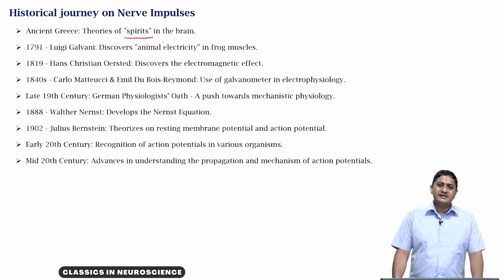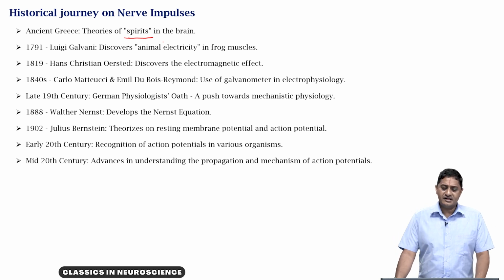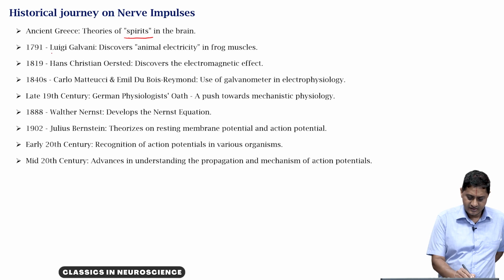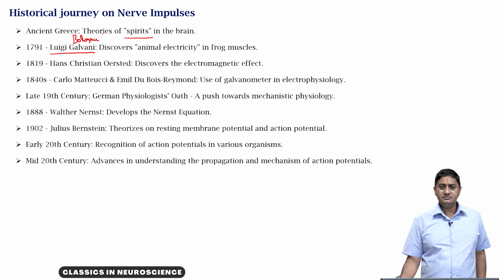In the 18th century, in 1791, for the first time, Luigi Galvani of Bologna in Italy discovered and demonstrated a form of electricity, what he called animal electricity, in frog muscles.